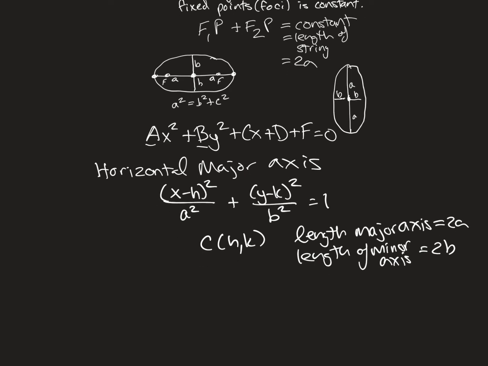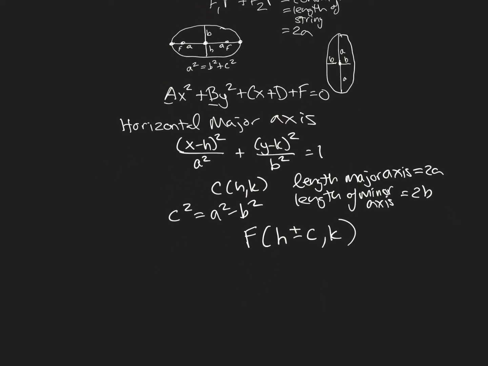And you need to find c: c squared is going to be a squared minus b squared. Once you find c, you can find the foci. Since x is the major axis, the foci are going to be in the x direction. So to find the foci, you go from that center plus or minus c, and the y-coordinate will still be the same. The foci always lie on that major axis.